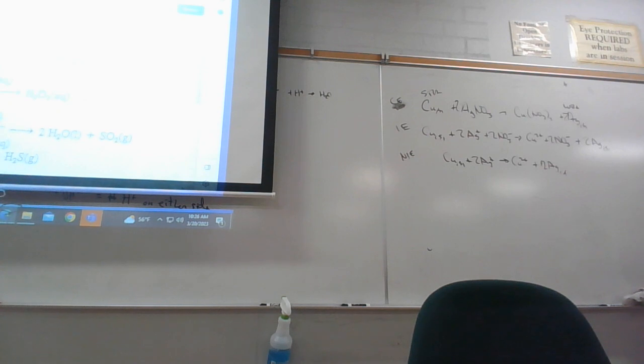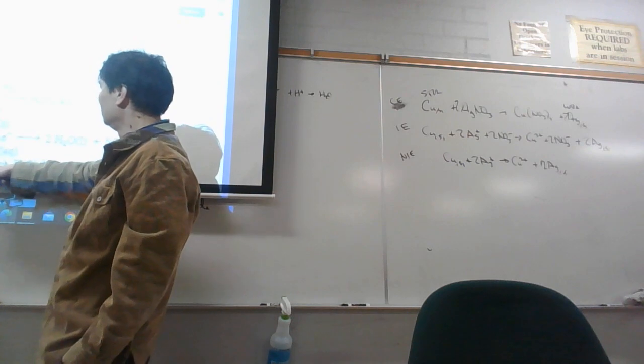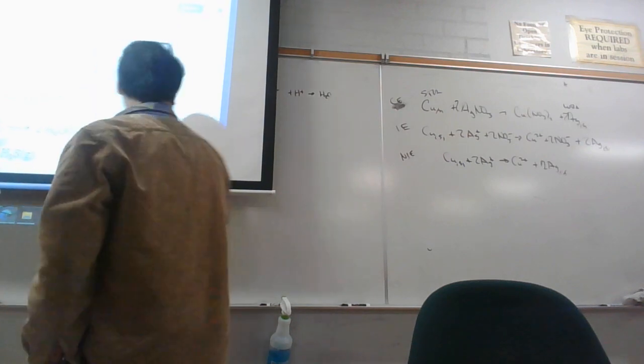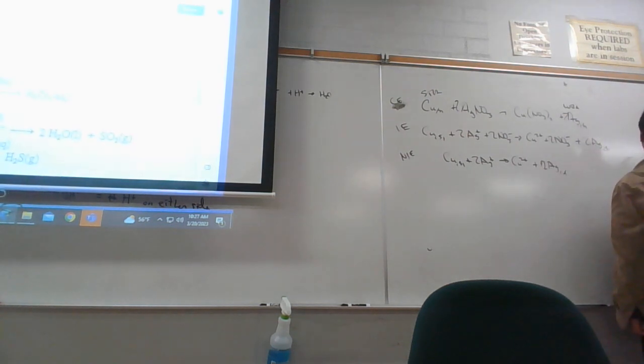We'll need 2 HCl's to balance this. We compare copper with hydrogen. Hydrogen's down here. Copper's up here, so hydrogen's more active. So in other words, we're going from a weaker oxidizing agent to a stronger oxidizing agent.